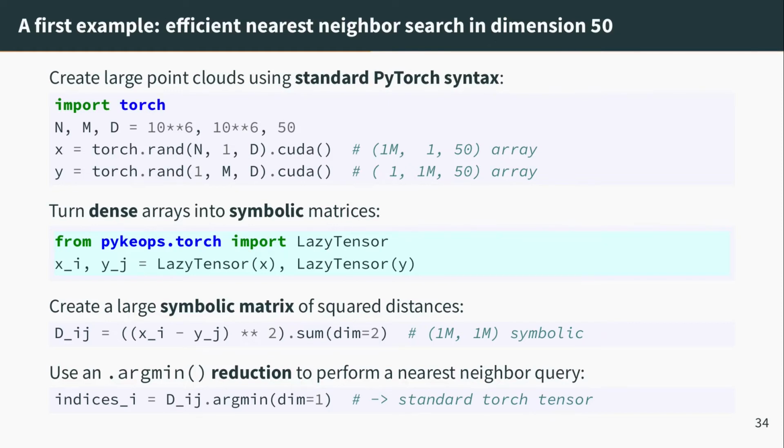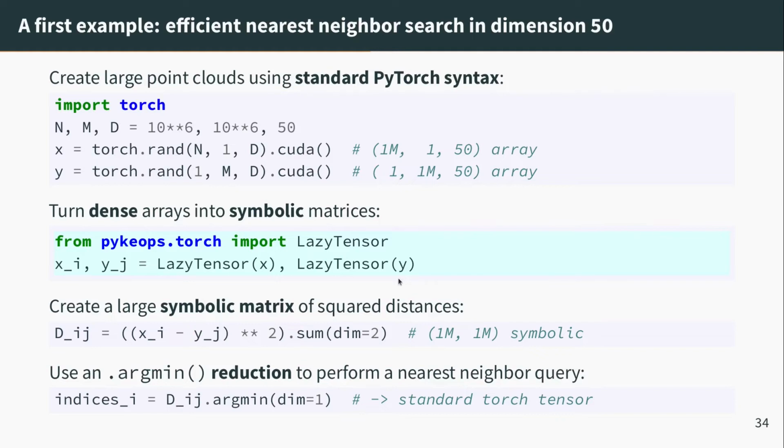It's the same kind of operation that you would use to turn a dense array into a sparse matrix. So here I write that xi is a lazy representation of x, yj is a lazy representation of y.